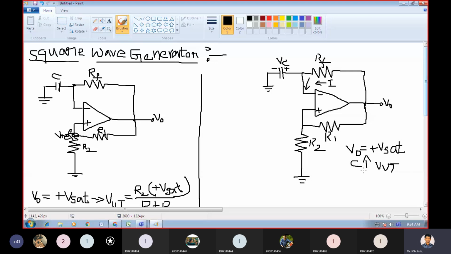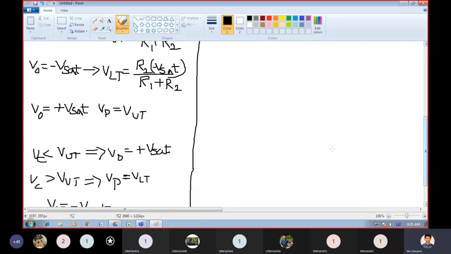For V naught equal to minus V saturation, the C discharges towards VLT. So initially the VC value is VUT only. Finally the VC value is VLT. So we need to draw the diagram for V naught equal to minus V saturation also.